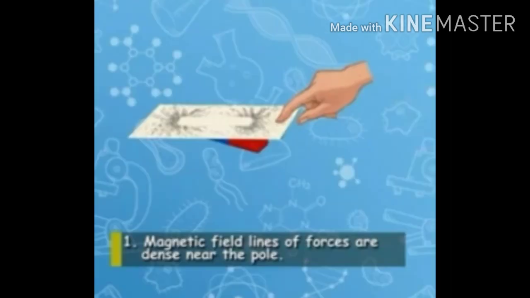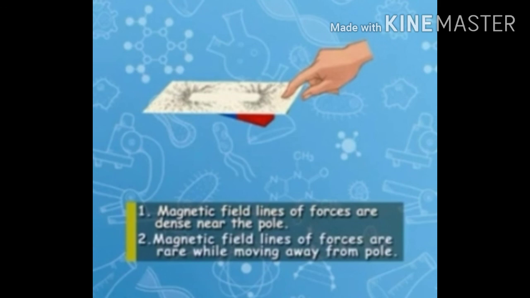Just look at this, यहाँनिर हेर, यस्तो प्याटर्नमा फर्म हुन्छ. अनि what did you observe? हामीले के अब्जर्भ गर्दैछ, dense near the poles. हेर त, पोलमा चाहिँ जम्मा हुँदैछ, but rare at the middle, isn't it? बीचमा चाहिँ रेयर छ, त्यति आइरन फिलिङ जम्मा भएको छैन. अब यहाँबाट चाहिँ what we observe is that the magnetic field of force is dense near the poles.